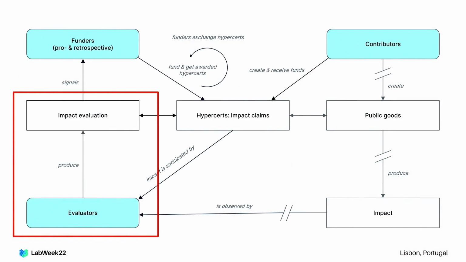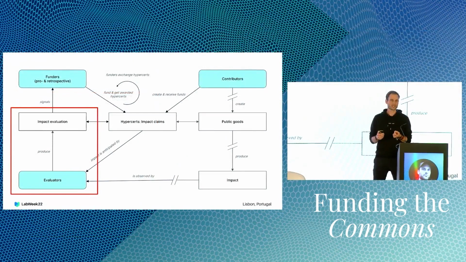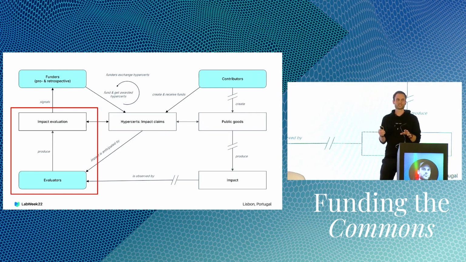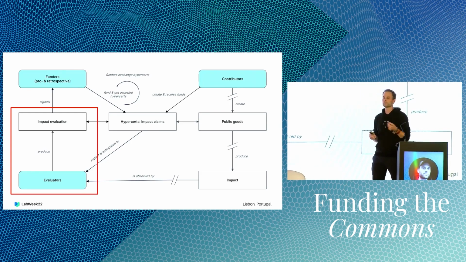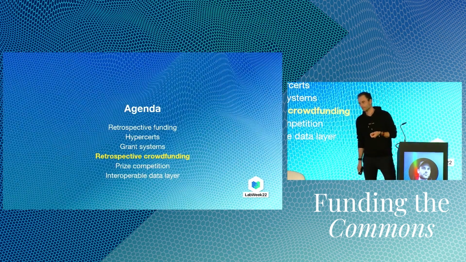That is where we think this open system of evaluations and funders, prospective funders, retrospective funders, is something where each player, each role can be optimized in itself. And that will improve the whole system, because we don't construct the whole system by designing a Hypercert system, but we try to create an open ecosystem where every player optimizes their own role in it.